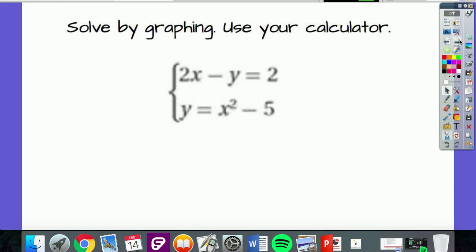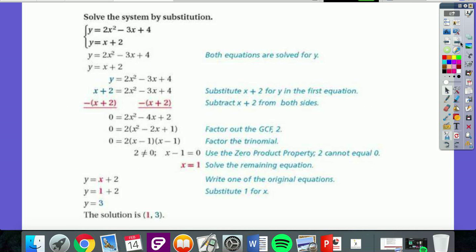You could solve by substitution. Just like with linear systems, if I had two equations and they were both y equals, or if even one of them is just y equals, I can take that expression and plug it in for that variable. So we would set them up, solve, get the variables to the same side, set it equal to 0, and for this particular one we would have to solve by factoring.